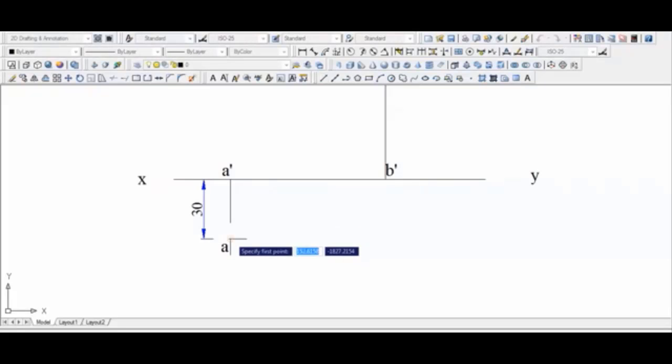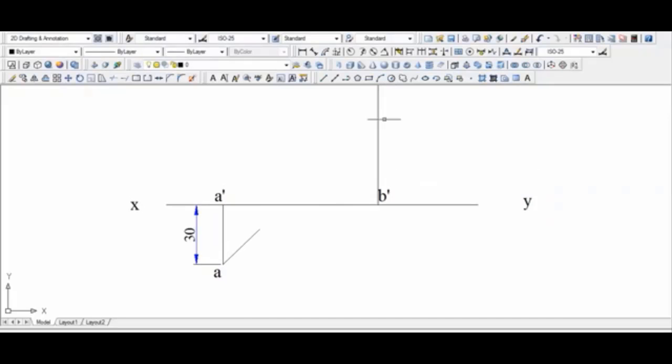It's pretty simple. We're going to start drawing a line at an angle of 45 degrees. Since point A is the top view and B is somewhere here, and we know very well that joining A with B creates an angle of 45 degrees with this XY line, we're going to keep a protractor over here, and at an angle of 45 degrees we'll start by making a line, and we're going to produce it until it intersects this vertical line somewhere here, and this is exactly your point B's top view.